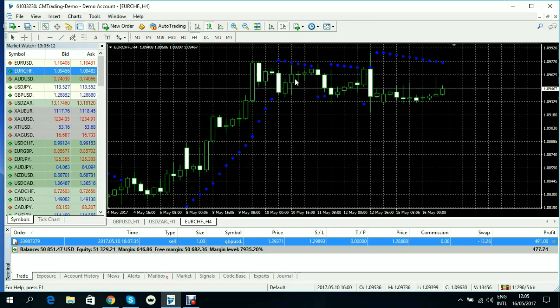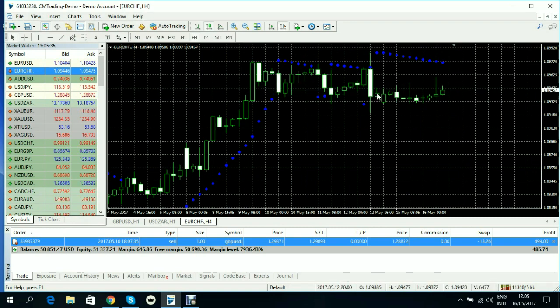For example, it is not good to use the parabolic SAR strategy of trading when market is trading sideways like it's doing right now.